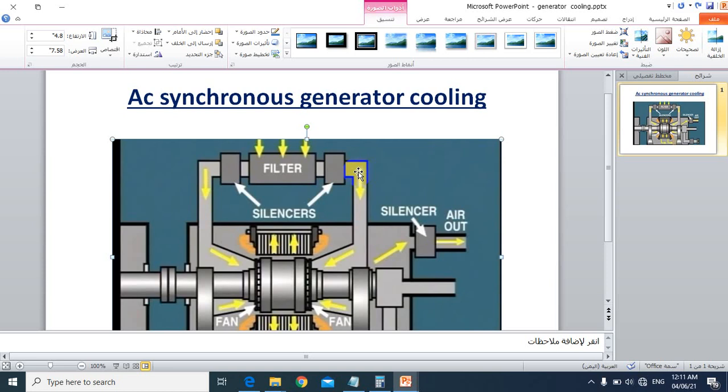The second type of ventilation system is called the axial flow ventilation system. In this method, the air is forced in the axial direction through passages formed by holes in the stator and the rotors.